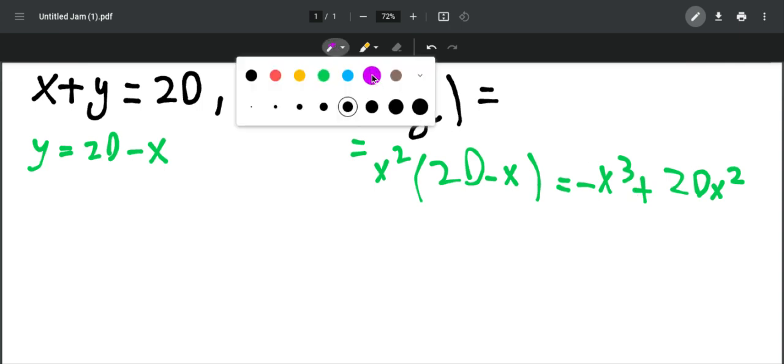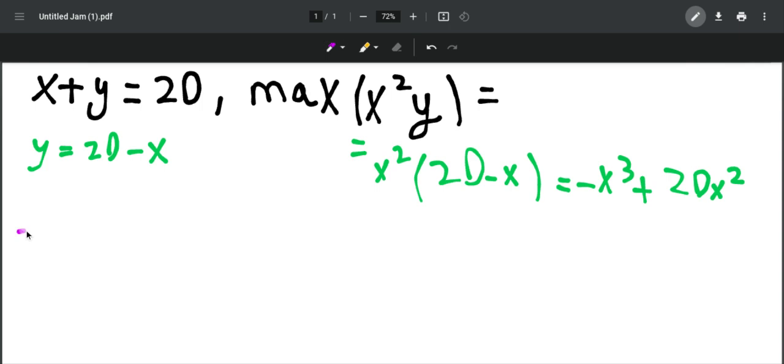If we differentiate negative x cubed plus 20x squared using the power rule, we get negative 3x squared plus 40x, and we set it equal to 0.